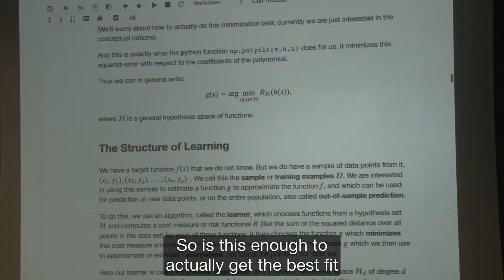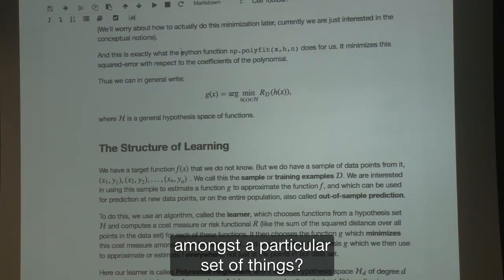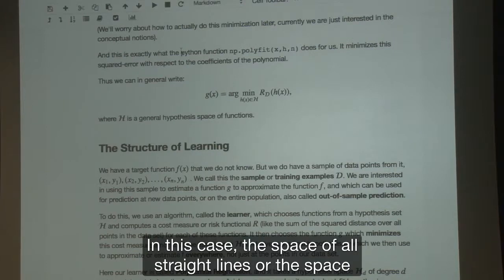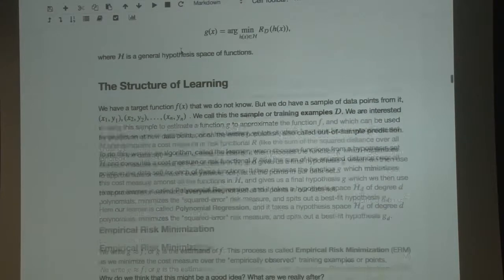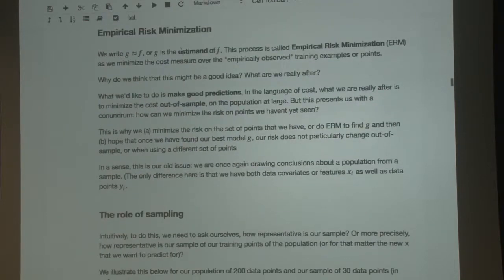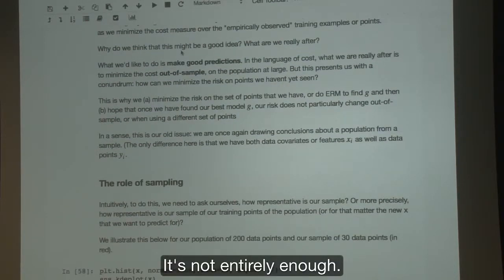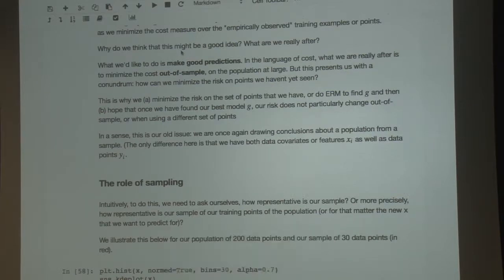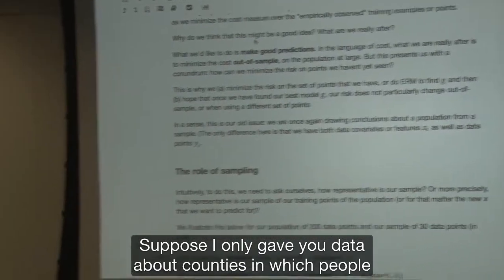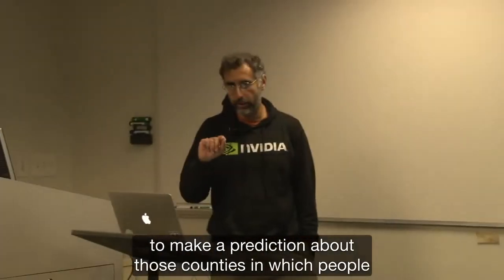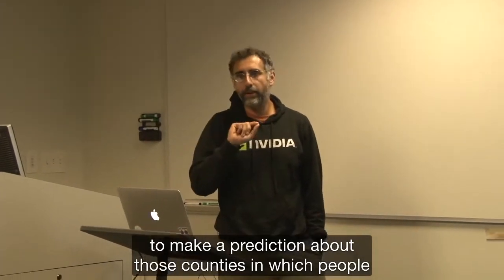So, is this enough to actually get the best fit amongst a particular set of things, in this case, the space of all straight lines or the space of all 20th order polynomials? It's not entirely enough, and the reason is this. Suppose I only gave you data about counties in which people are not very religious and asked you to make a prediction about those counties in which people are extremely religious.